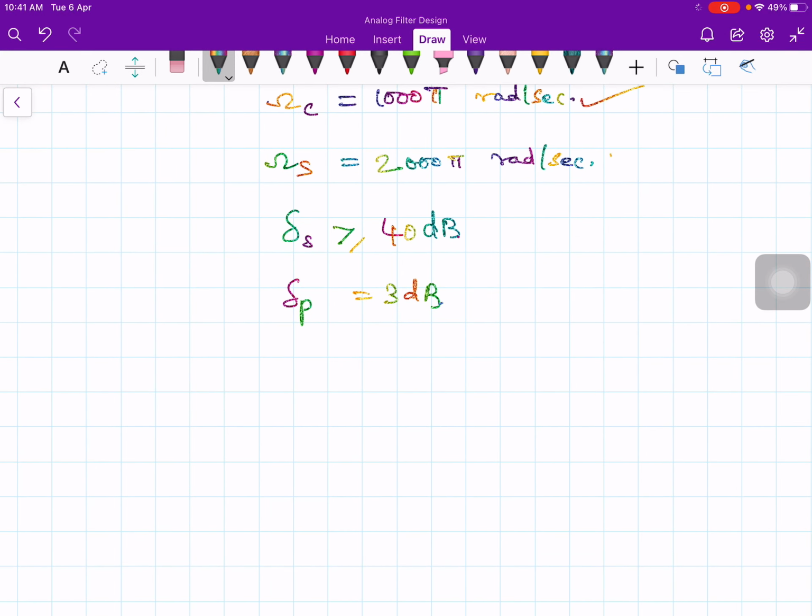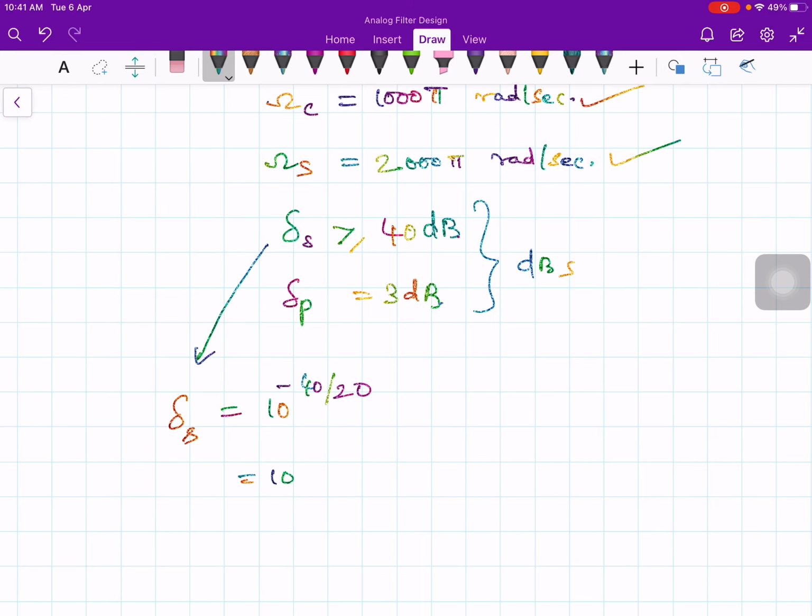Okay, so this is okay and this is okay, but these two are in terms of dBs. So we need to convert them into normal ratios. The attenuation in the stop band is greater than or equal to 40 dB, which gives rise to delta S equal to 10 to the minus 40 divided by 20.